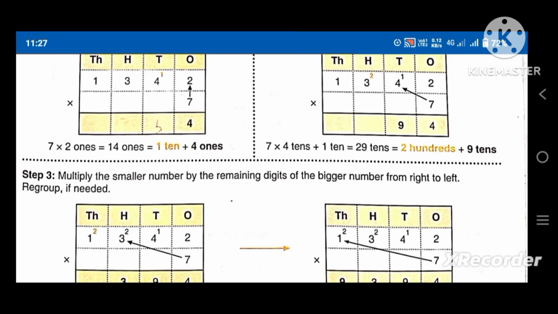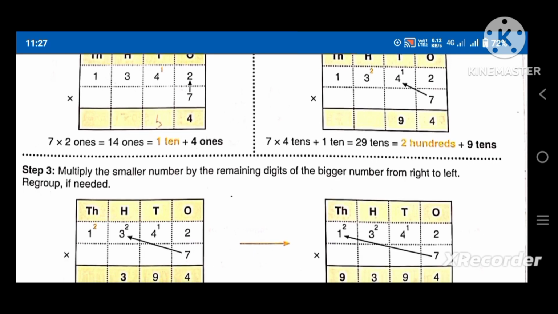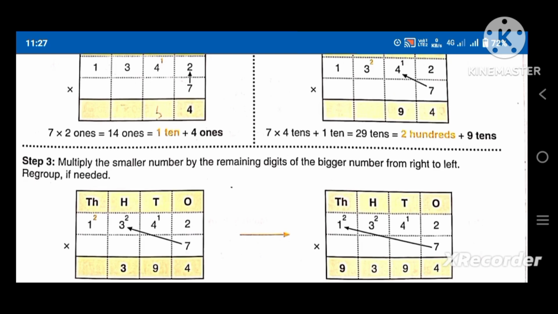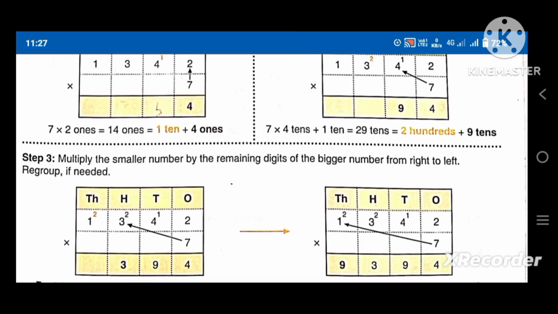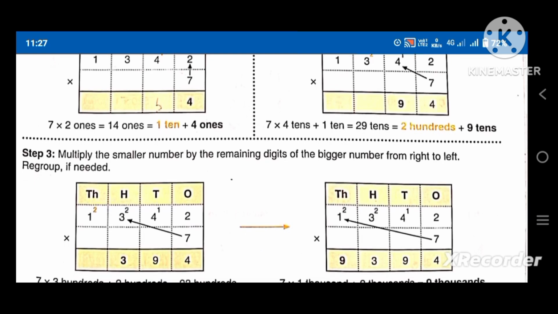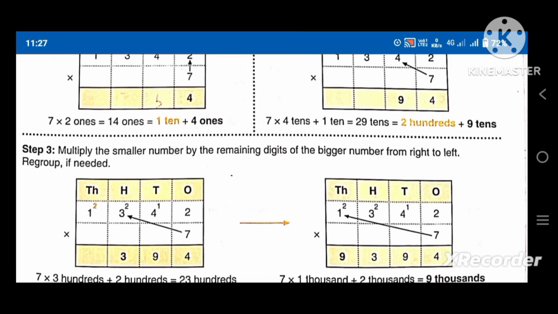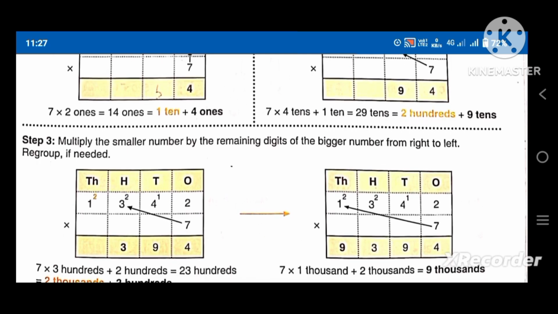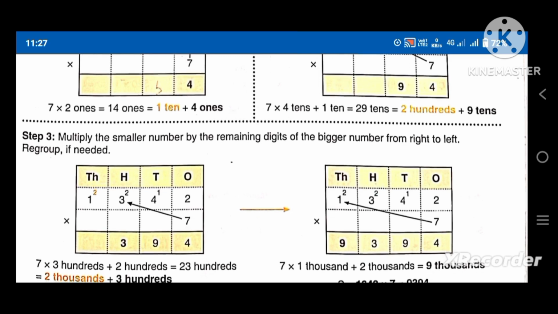Seven into 2 ones is equal to 14 ones, which is 1 ten plus 4 ones. 7 into 4 tens plus 1 ten is equal to 29 tens, which is 2 hundreds plus 9 tens. Step 3, multiply the smaller number by the remaining digits of the bigger number from right to left.